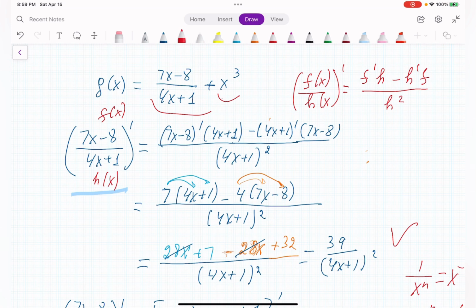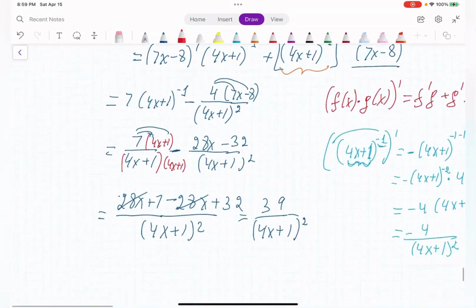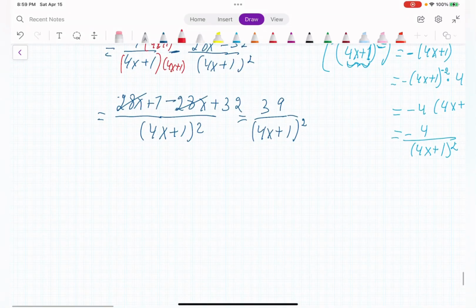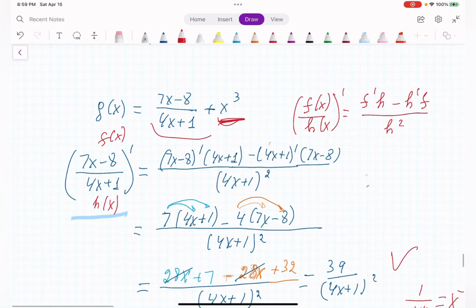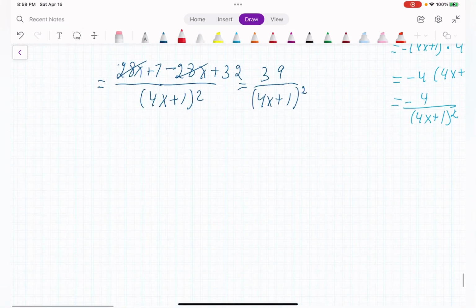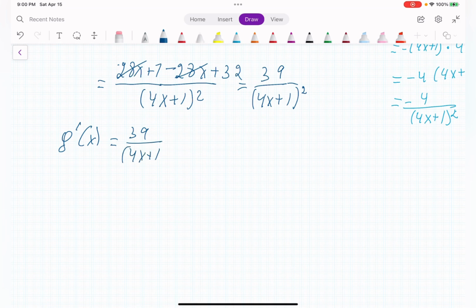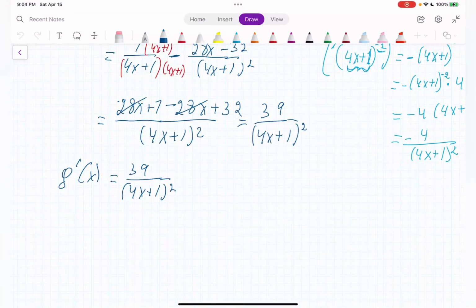All we have to do is add the x cubed derivative. So g prime of x is equal to 39 over 4x plus 1 squared, and we have derivative of x cubed, which is 3x squared.